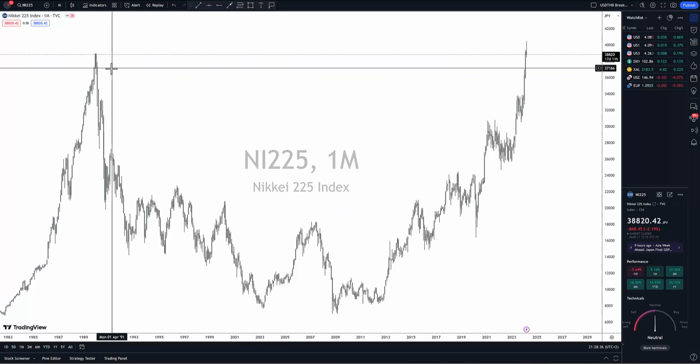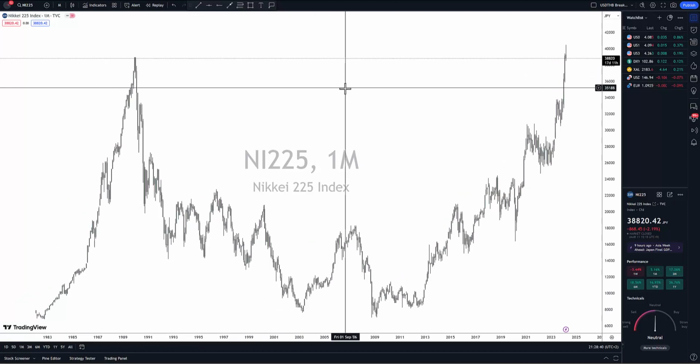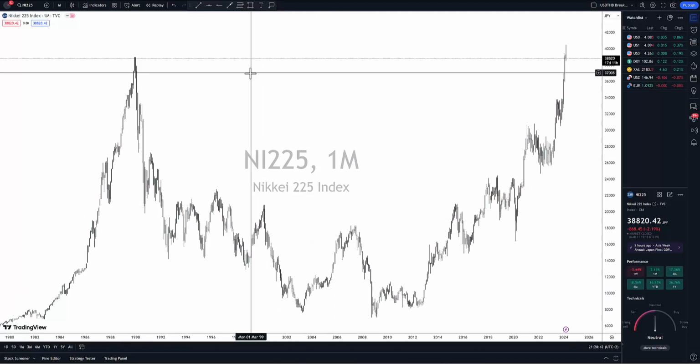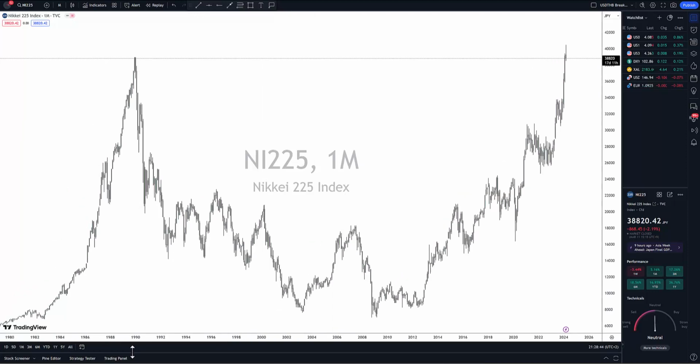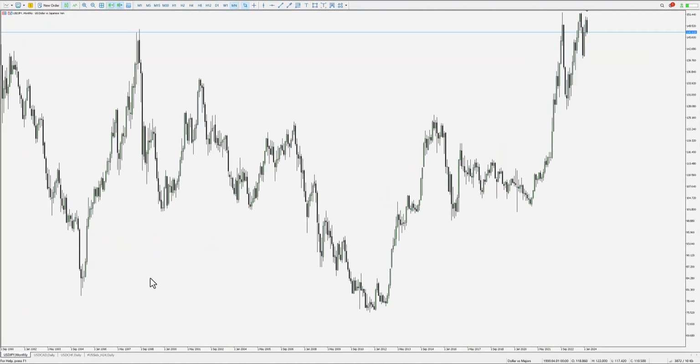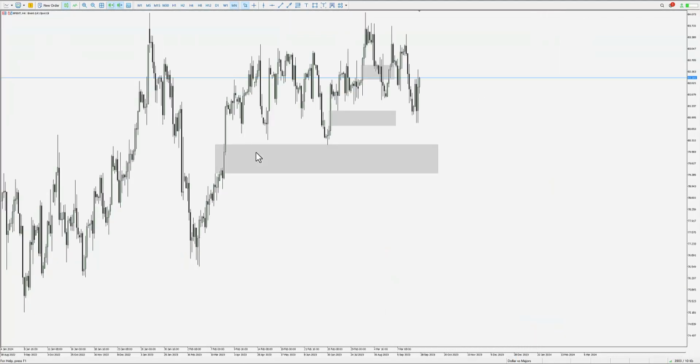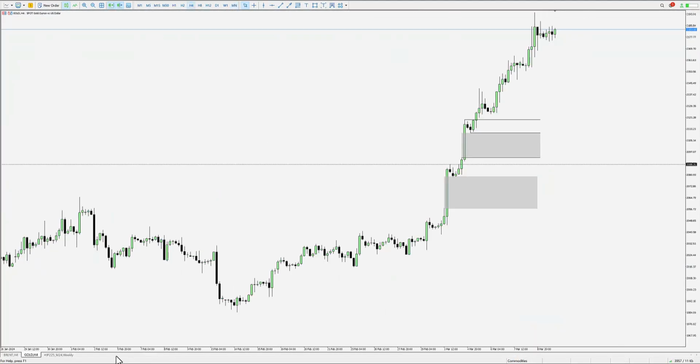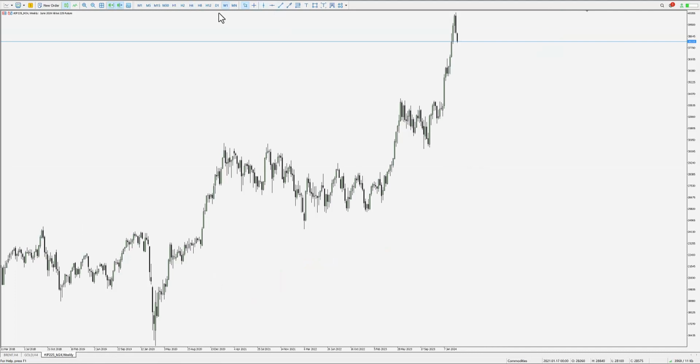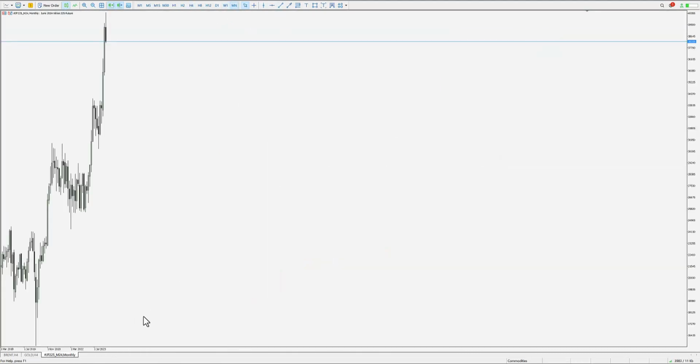So I've got a monthly chart of the Nikkei index here, right? So the reason why I'm using TradingView is because if you go to MT5, right? Let me just go to MT5 and open my Nikkei index chart, right? So monthly, you can see that it's only going up until 2018.